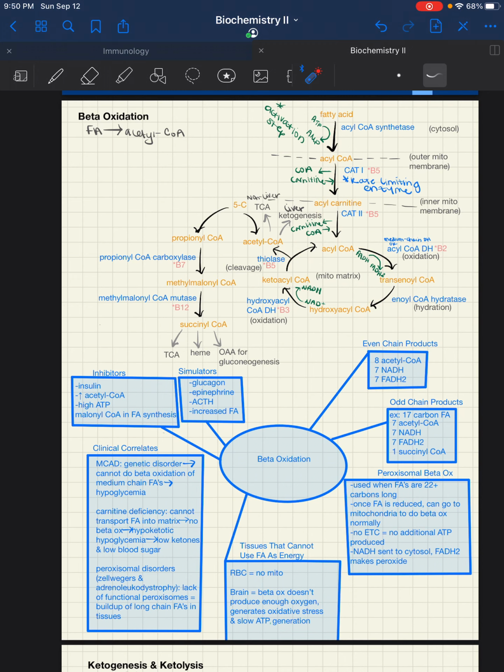If we go through this process, we'll lose 2 acetyl-CoAs, so we'll have 14. Go through this process again. Now we'll have 12 left. Go through this process again. There'll be 10 left. Go through it again. 8, 6, 4, 2.